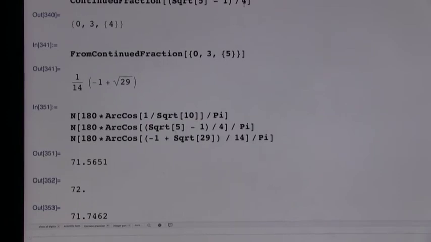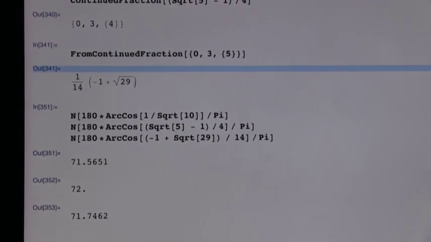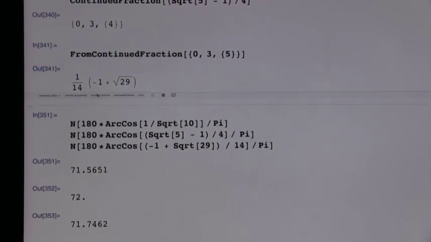So it really depends how you look at numbers. Anyway, I thought this was kind of fun. And by the way, if you wrote this number down, 1/14 square root of 29 minus 1, you wouldn't have thought it had any relationship to 1 over root 10 or root 5 minus 1 over 4, right? But it turns out, if you look at it through continued fractions, it really is quite a similar number. All right. Good job, guys. Good work.